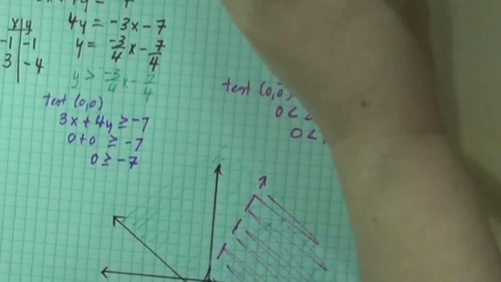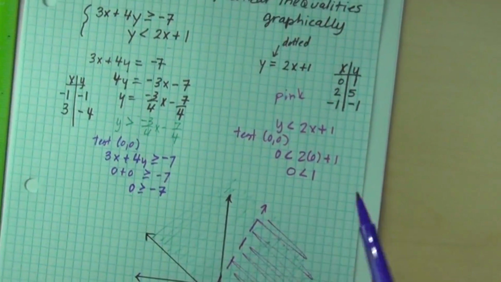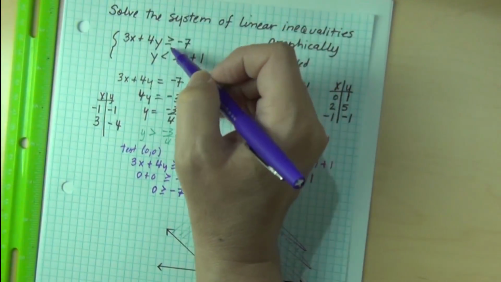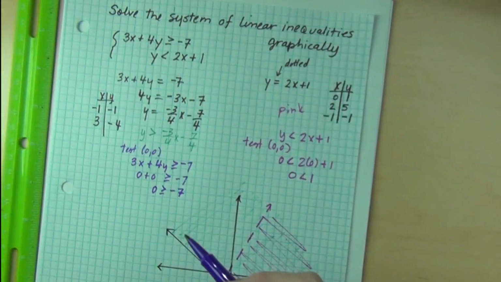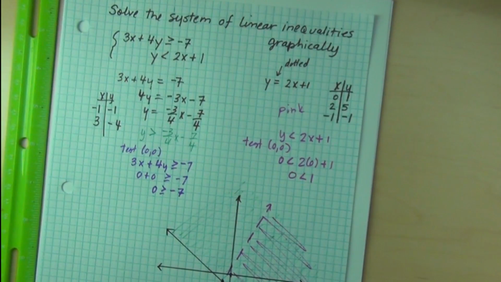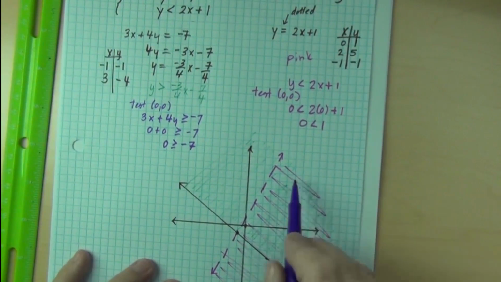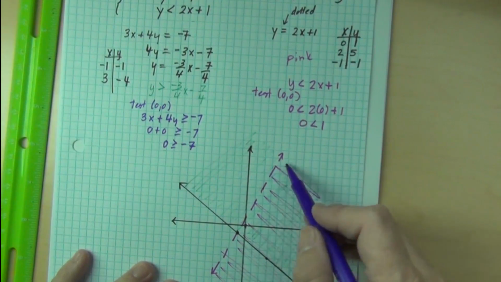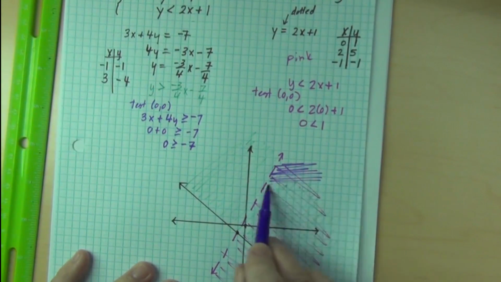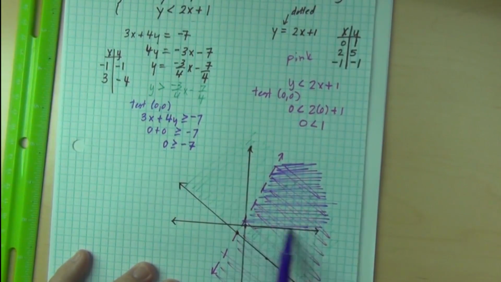Now, to solve this, notice we're not just looking for the intersection point of the lines, but we want to know where it satisfies these inequalities, where it's either the line or the shaded region. So we want this region over here that's shaded both green and pink, and we're going to shade that very darkly so that it will be clear to everyone that this is the region that satisfies both of those inequalities.